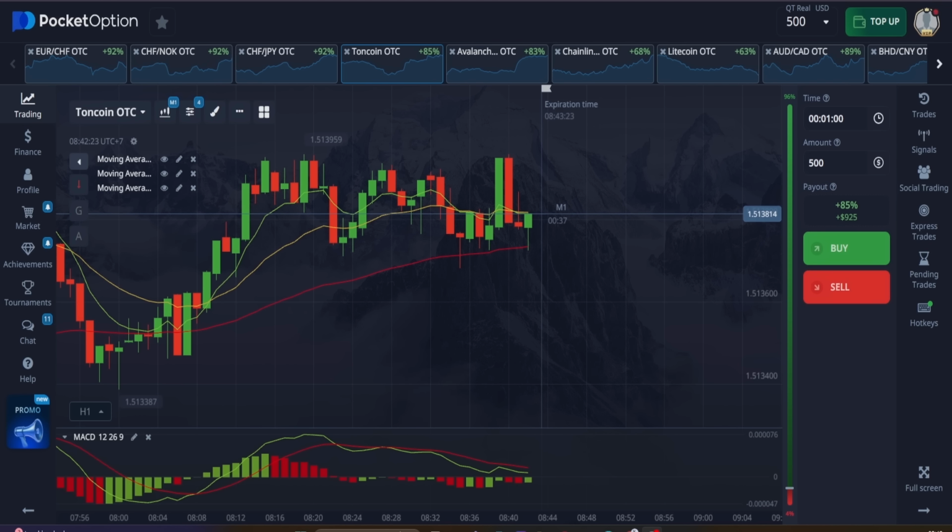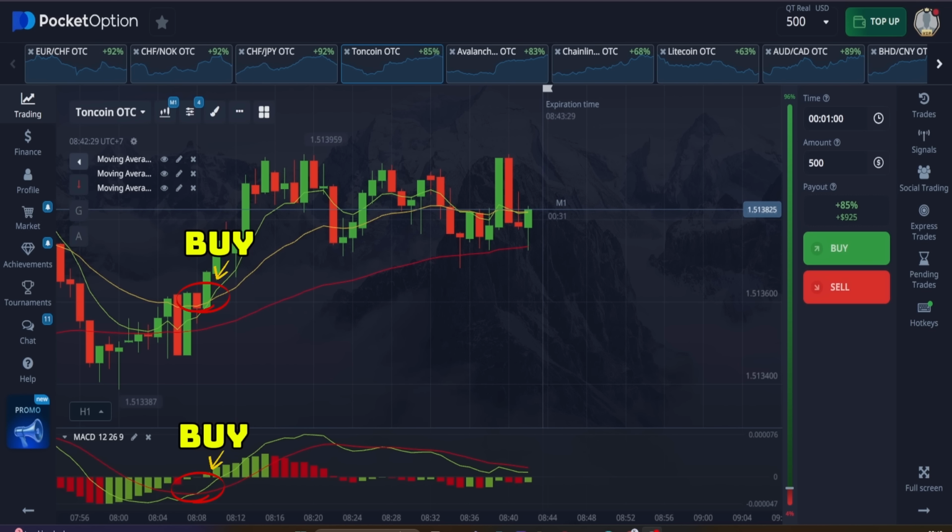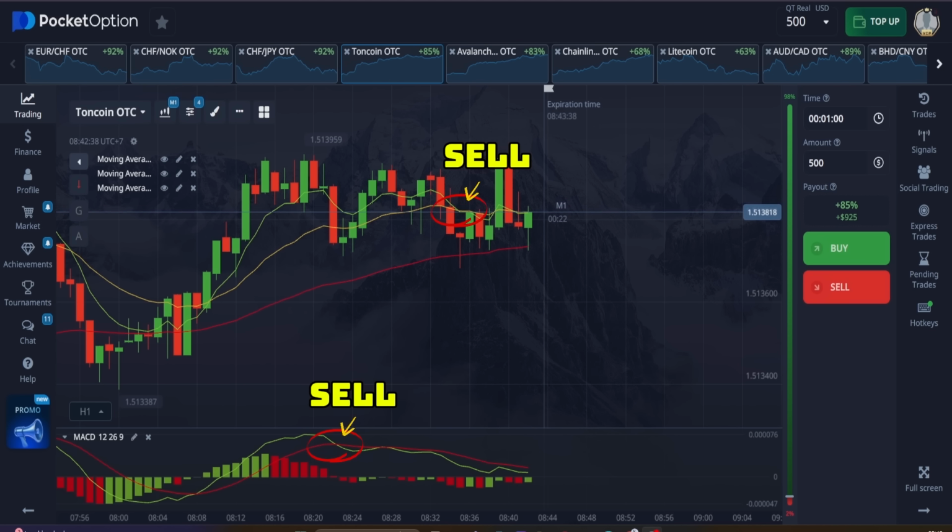A buy opportunity is formed when the green moving average crosses above the yellow moving average, accompanied by bullish confirmation from the MACD. To increase accuracy and reduce false entries, the trade is opened at the beginning of the next candle after all confirmations are completed. A sell opportunity occurs when the green moving average crosses below the yellow moving average, supported by bearish confirmation on the MACD.